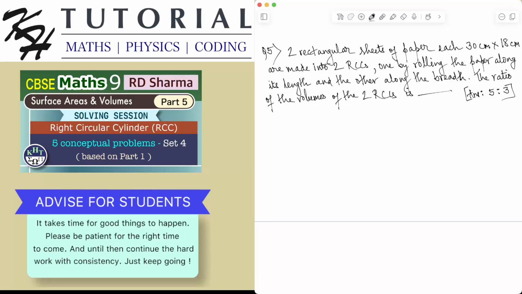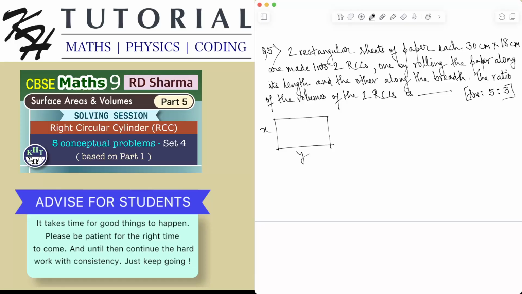Let's say that both the rectangular sheets are of same dimension. Instead of using the actual values 30 by 18, let's say the rectangular sheet is of dimension y by x.